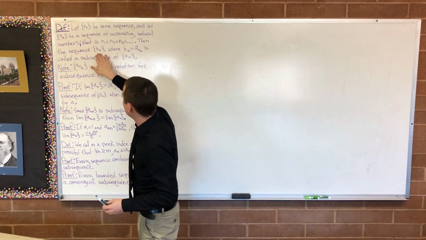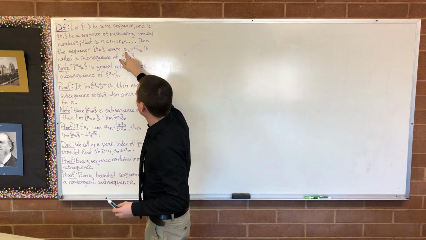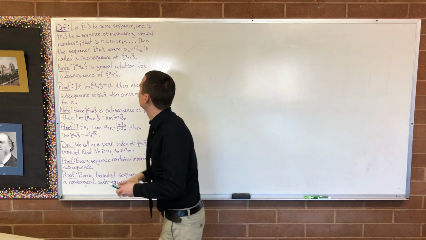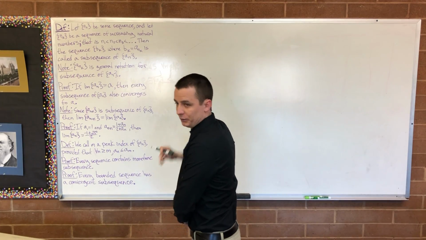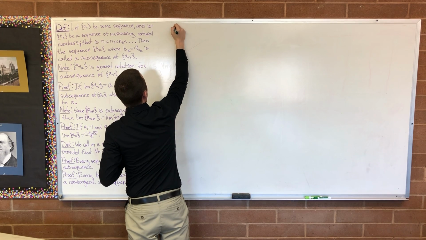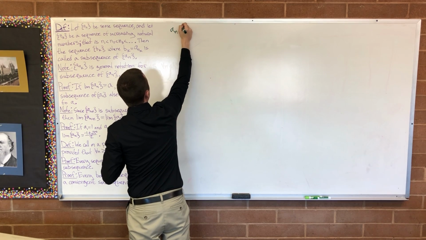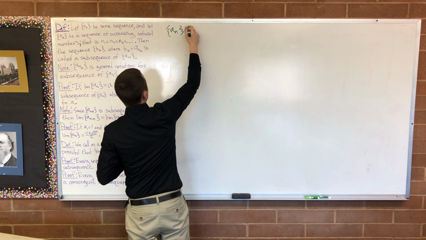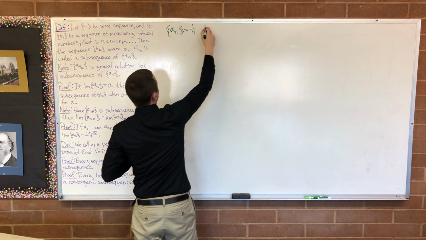Then the sequence b_k, where the kth term in b is, okay, that's kind of a mouthful. Let's draw a picture and then come back to this definition. So a_n, give me some sequence. We'll just say it's equal to 1 over n.